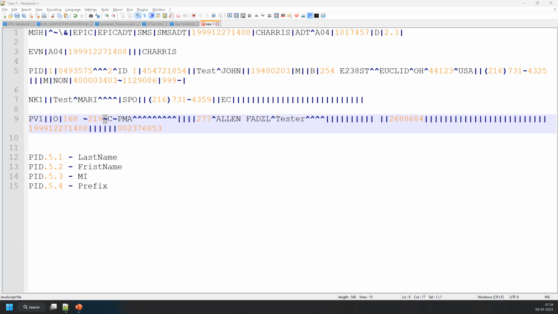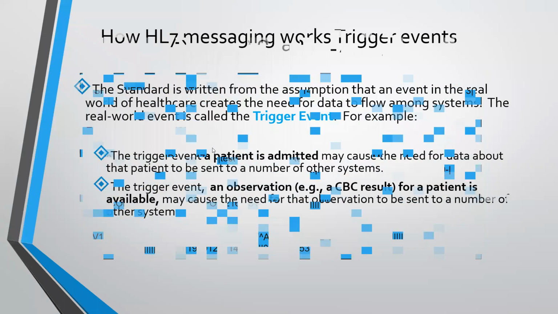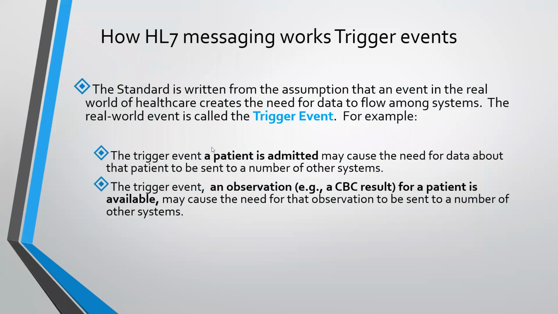All right. So let us go ahead and take a look at how HL7 messaging is an event-based messaging methodology. From yesterday's session, we understood that HL7 works purely based on a concept called trigger event. So what is a trigger event?